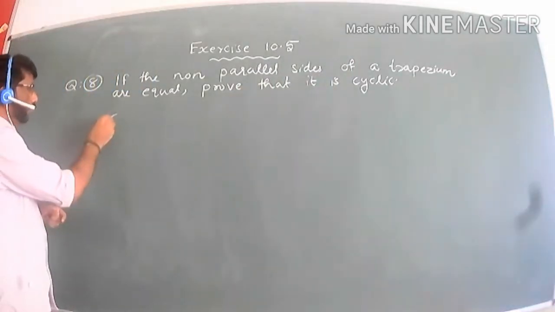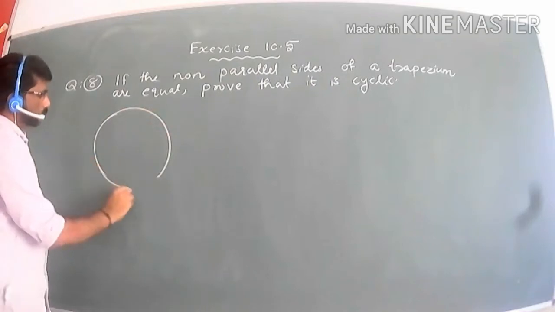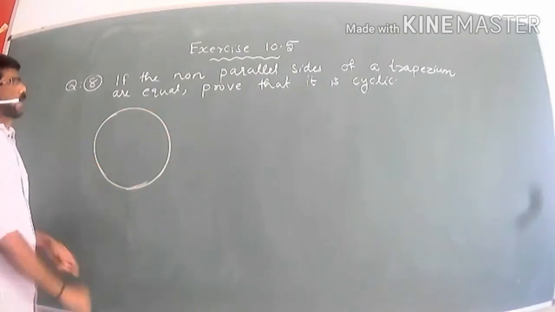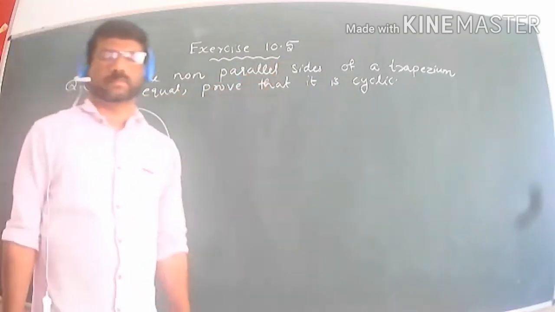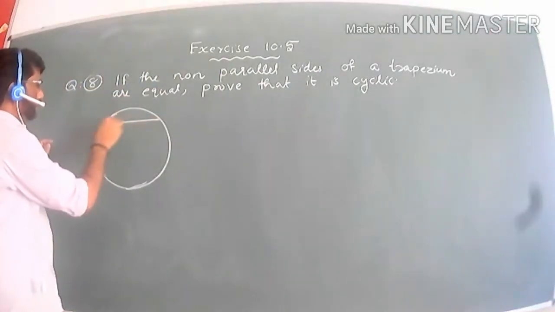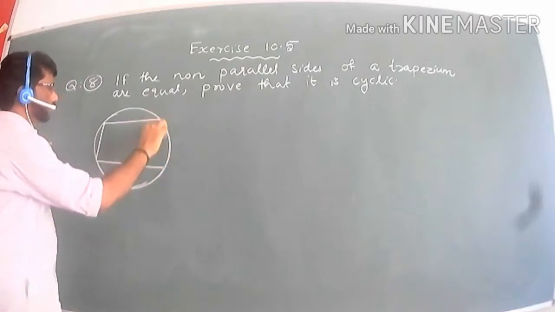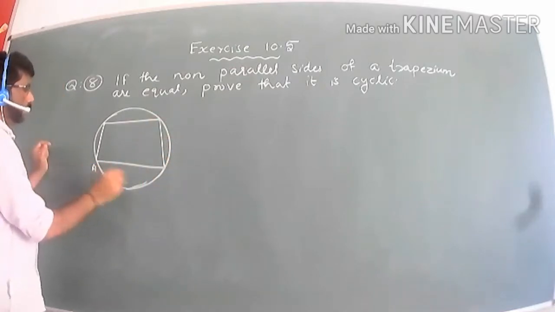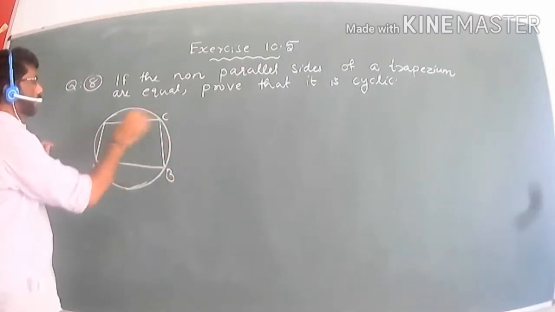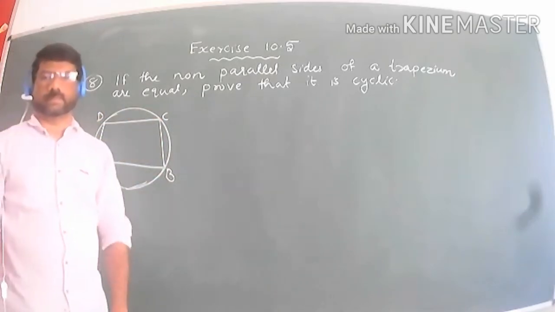So let us draw the figure of a circle in which a trapezium is drawn. Let us call this trapezium ABCD. Let ABCD be a trapezium.